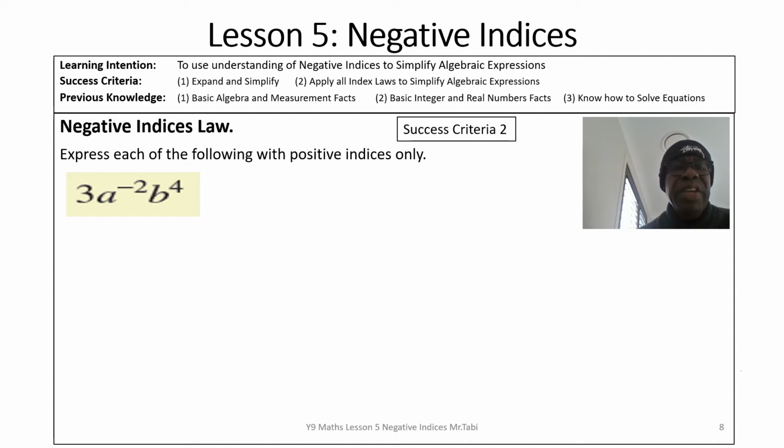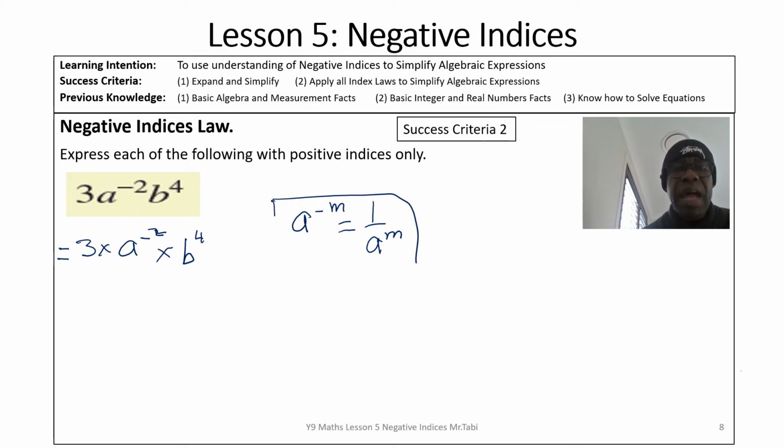How do I change this? Well, this is equal to, remember, I've got 3 multiplying a to the power minus 2 times b to the power of 4. But I know that a to the power minus m must be equal to 1 over a to the power of m.